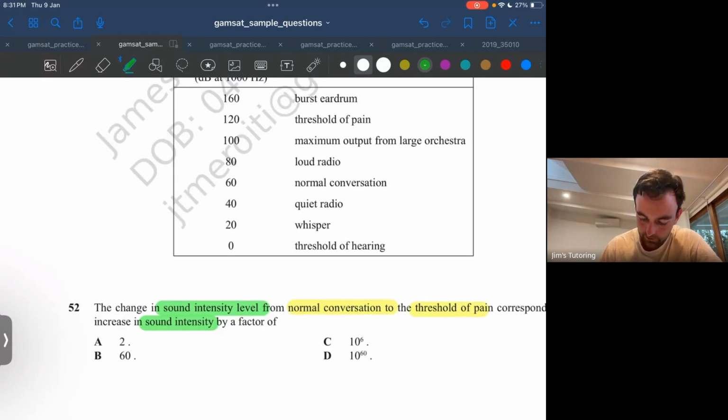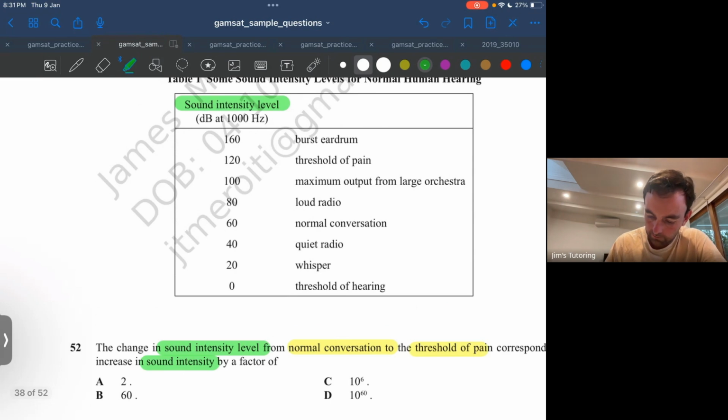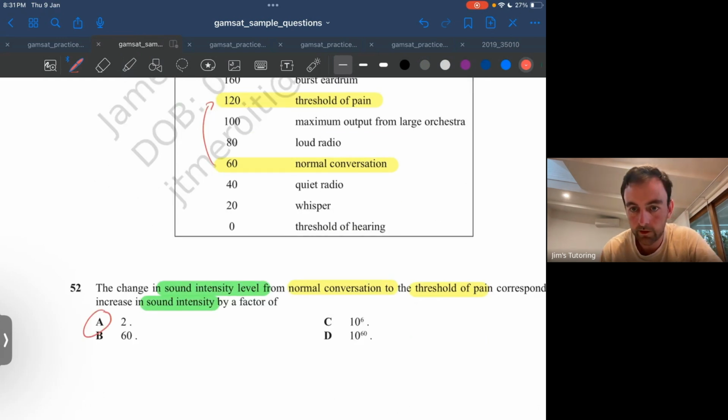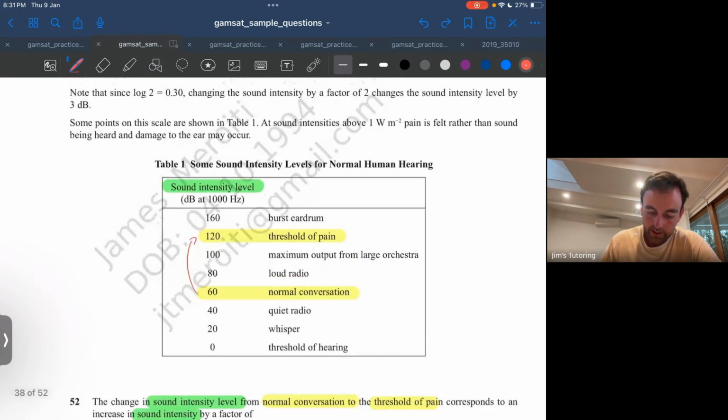So if we look at normal conversation and threshold of pain, the first trap that they're trying to get you to fall into is that this is 2. Okay, obviously not. Don't do that. If it's an easy thing like that, it's probably not the answer. But what we have is sound intensity level.